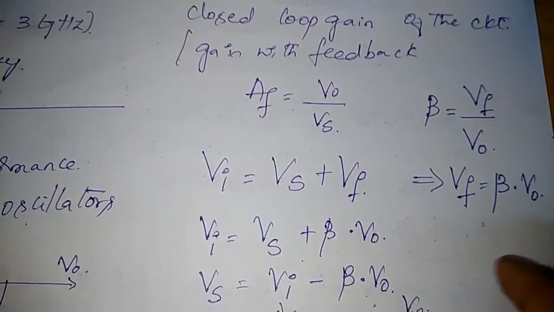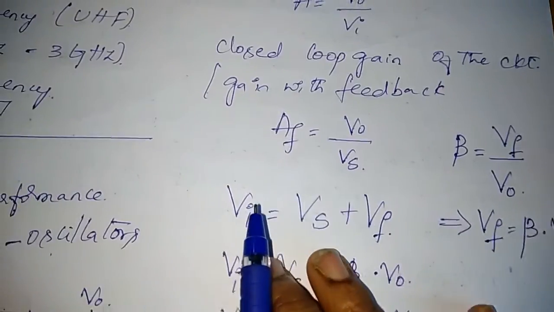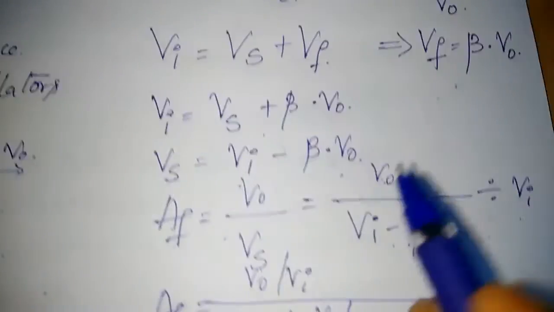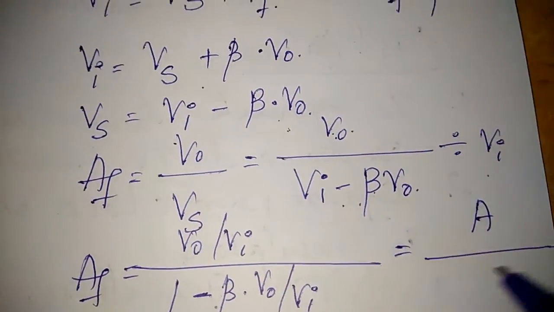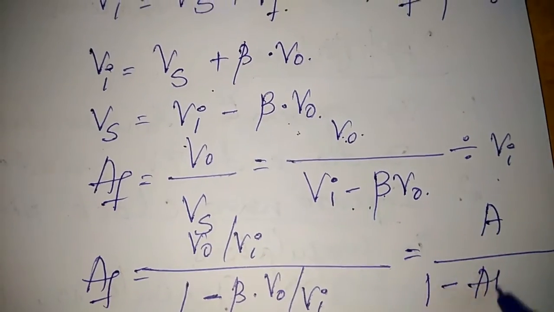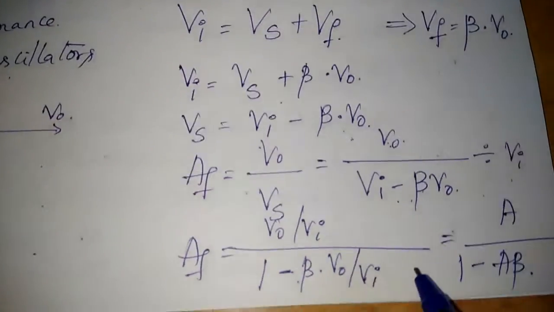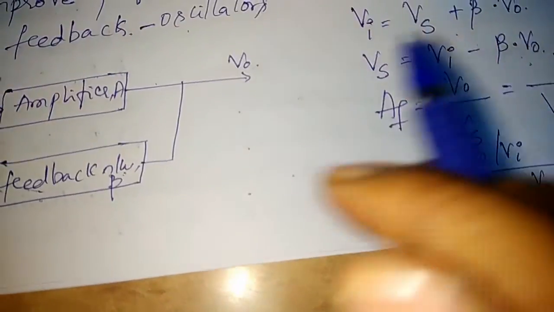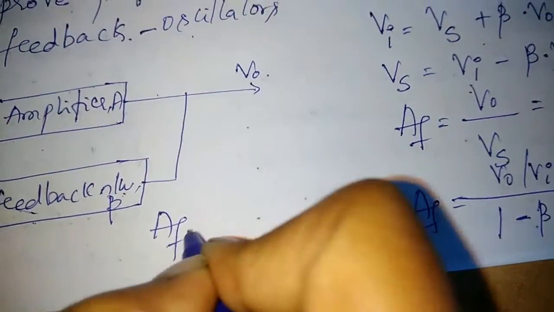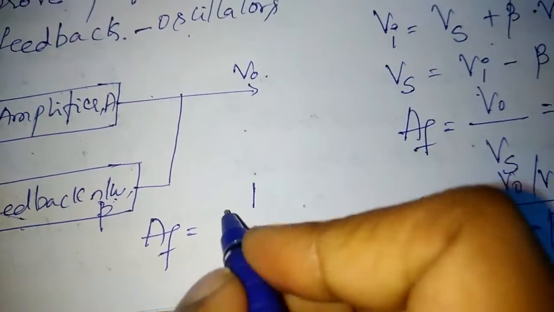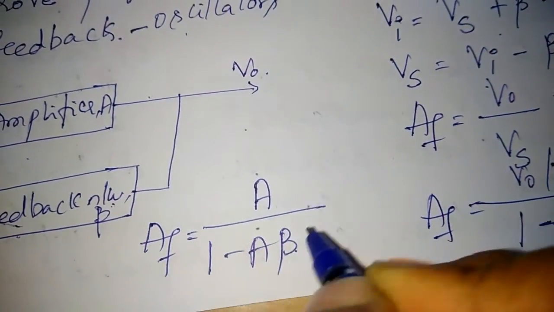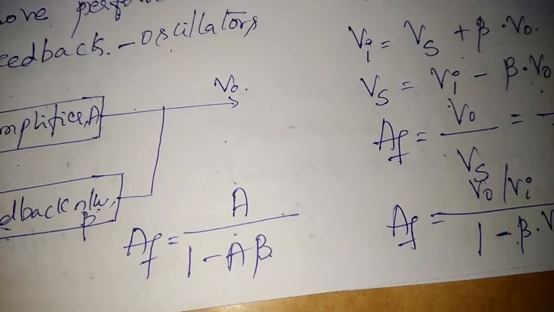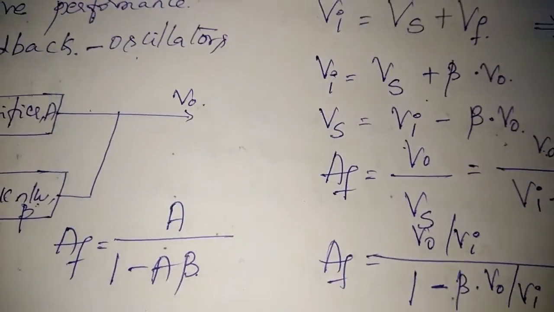What does V naught divided by Vi represent? It is the open loop gain. Now I'll replace this by the open loop gain, so it is A divided by 1 minus A beta. So for the oscillator, the gain with the feedback becomes AF is equal to A divided by 1 minus A beta. This is the gain of the oscillator with the feedback.